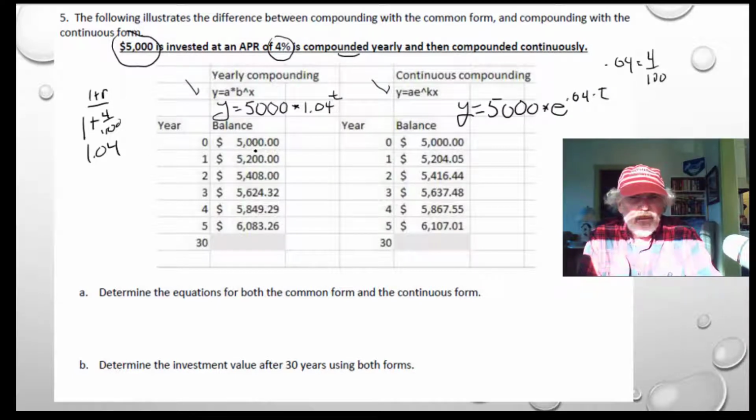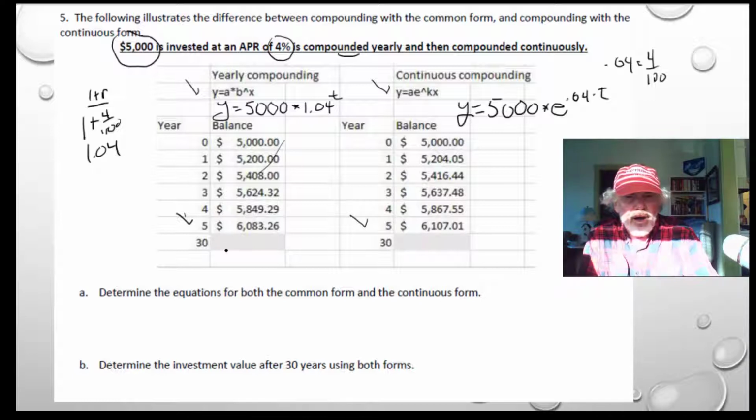Now we worked out here every year what you're going to have for each one of these different forms. Notice that in this form, after 5 years, you've got $6,083.26 compounding yearly, and compounding infinitely or continuously, after 5 years, you'll have $6,107.01.